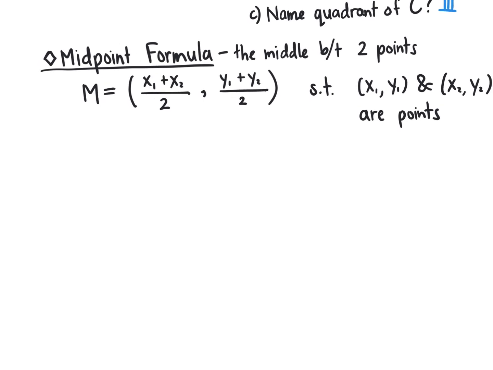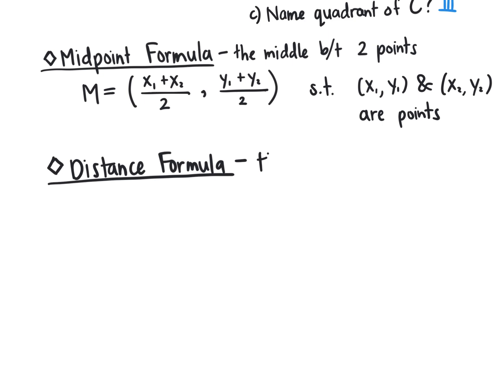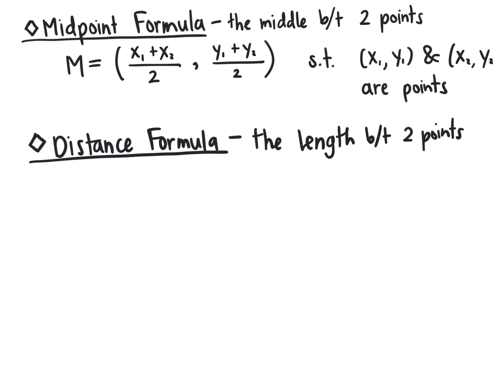Diamond. The other formula for today is the distance formula. And the distance formula tells you the length between 2 points. So instead of finding the middle, it's basically just telling you how long the distance is between the 2 points.